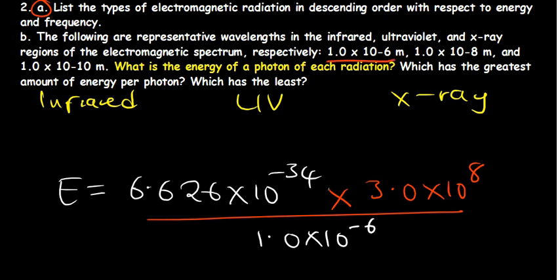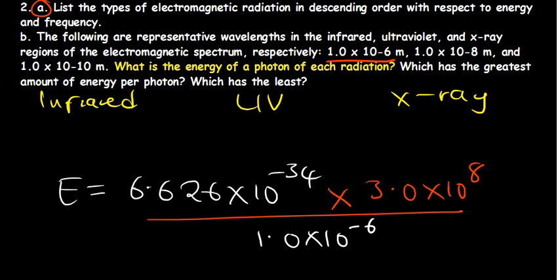So grab your calculator. 6.626 times 10 to the power negative 34, multiplied by 3 times 10 to the power 8, and then divided by 1 times 10 to the power negative 6.